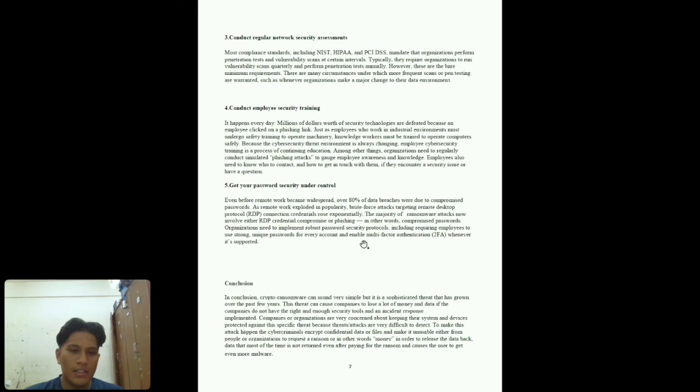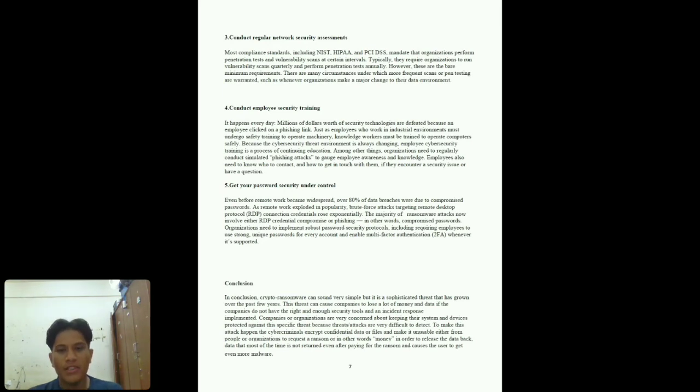Lastly, get your password security under control. Even before remote work became widespread, over 80% of data breaches were due to compromised passwords. As remote work exploded in popularity, brute force attacks targeting remote desktop protocol (RDP) connection credentials rose exponentially.